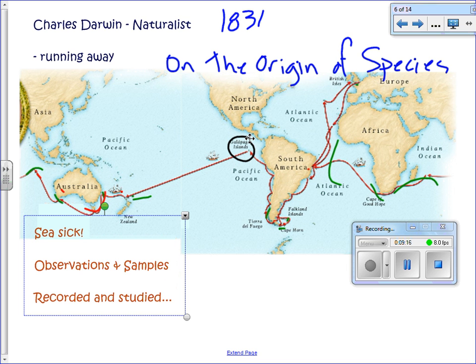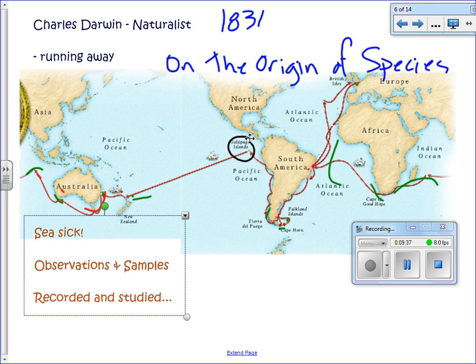He was very seasick, and he couldn't stand being on the ship, so he spent a lot of time observing and cataloging the plants and animals there. And as you read about yesterday, there were some very interesting animals that he saw here that were similar but different to what he had seen in South America.